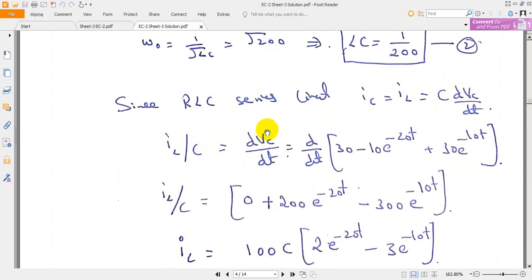We know the voltage across the capacitor is given in the problem. Substitute the value.